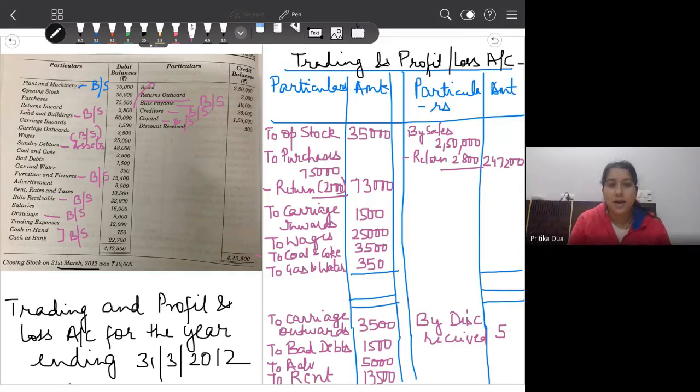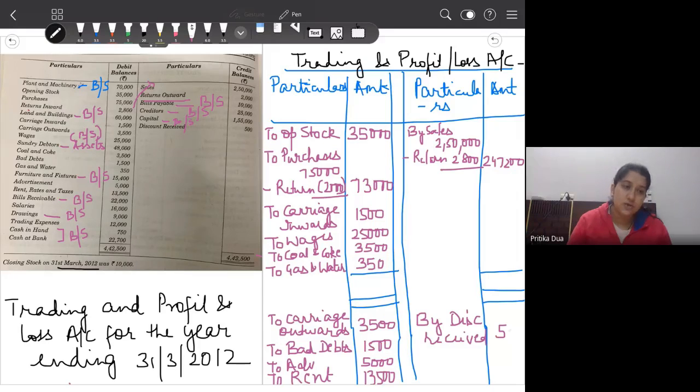Outside the trial balance, if any information is given, it will come at two places. So in final accounts, remember this rule. All the information in the trial balance will come at one place in the solution, but information given outside the question, any additional information appears at two places.